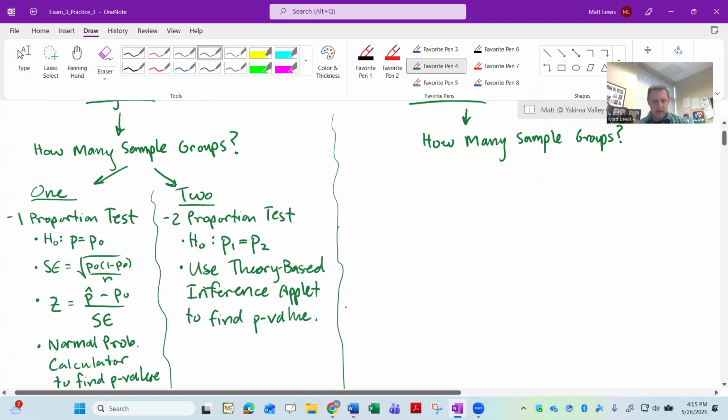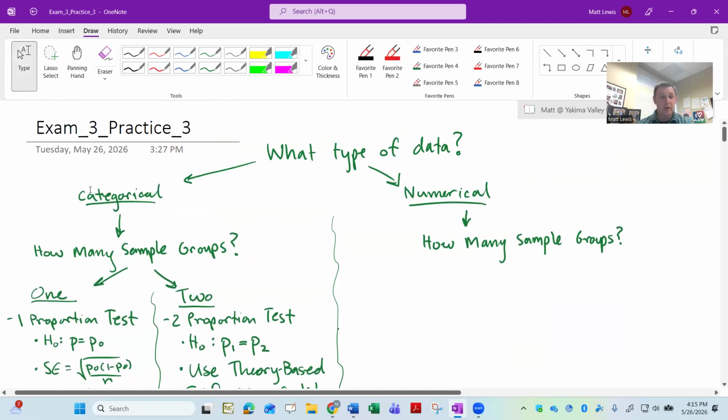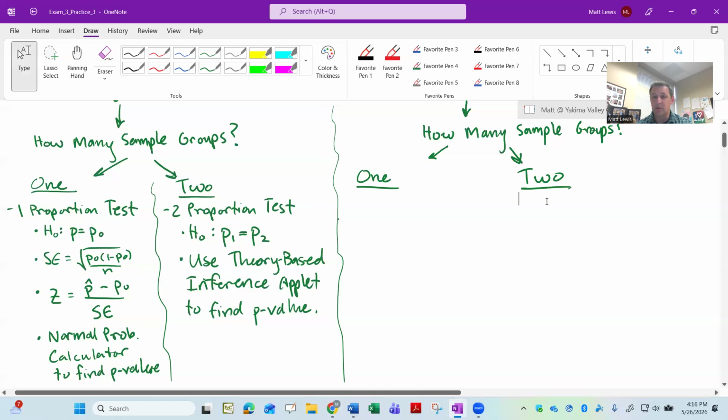Okay. So we've covered what we do if we get categorical data. Okay, but what about numerical data? Once we answer the question of the number of sample groups, there's going to be one more question we're going to ask if there happen to be two of them.